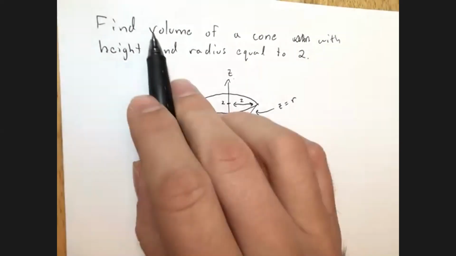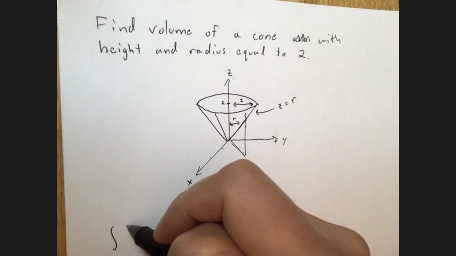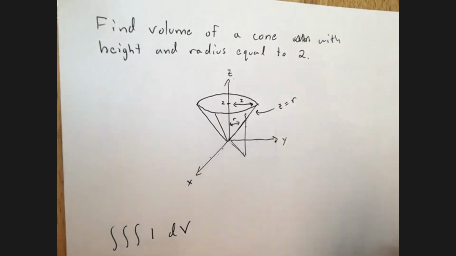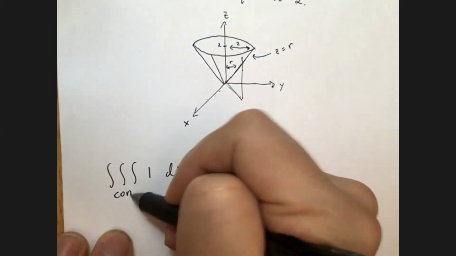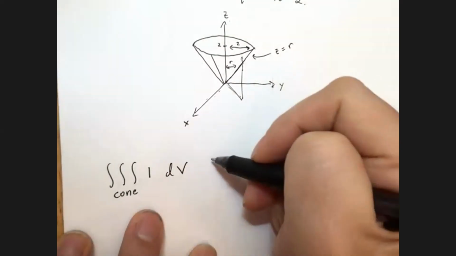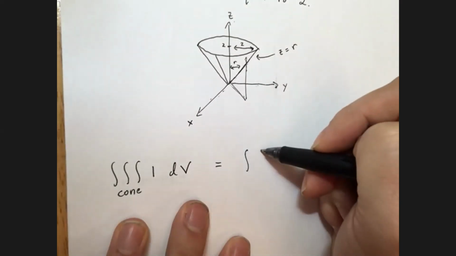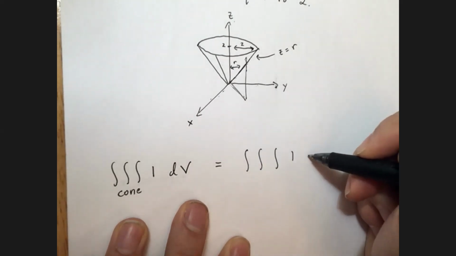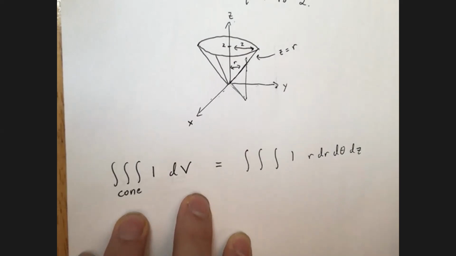All right, so if we want to find the volume of something, remember what we do. We take the triple integral of 1 dV. That's going to be the volume. And so our region here is just that cone. So let's figure out what these bounds are going to be. Let's set this up: r dr d theta dz.